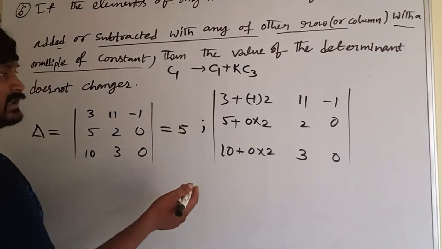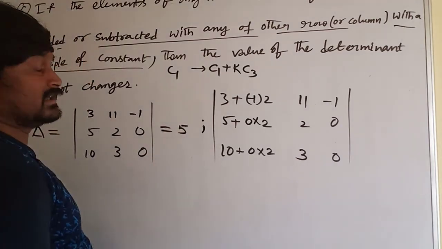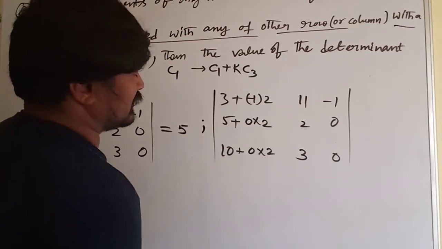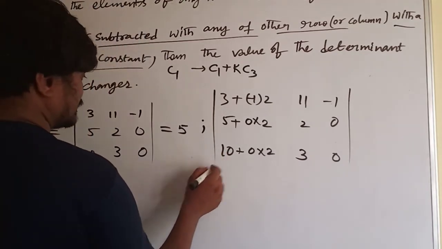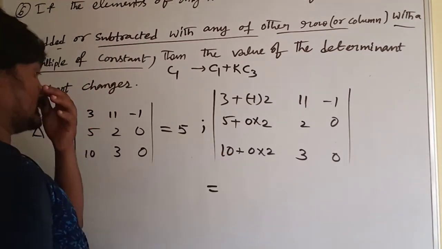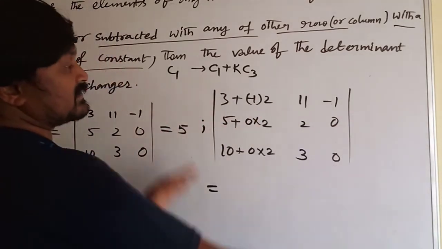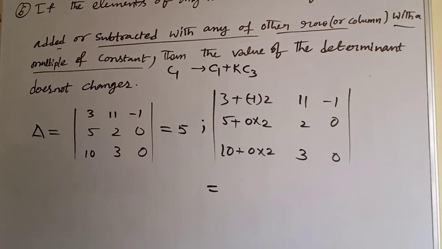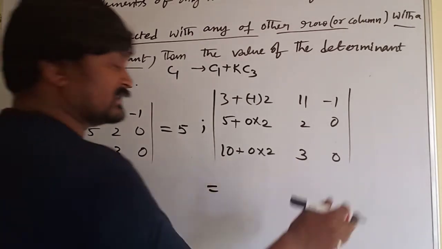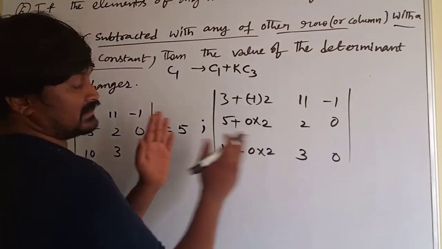So let me check whether it is possible or not to change. You can simplify, or you can divide into two determinants and then find the answer. Whichever possibilities are there, you can use. I'll use the dividing one.